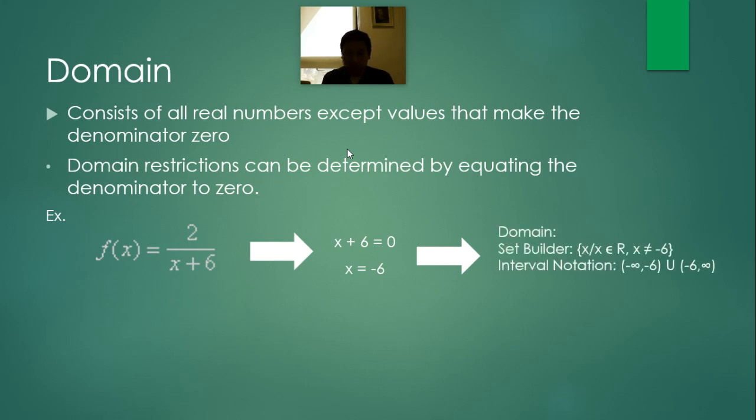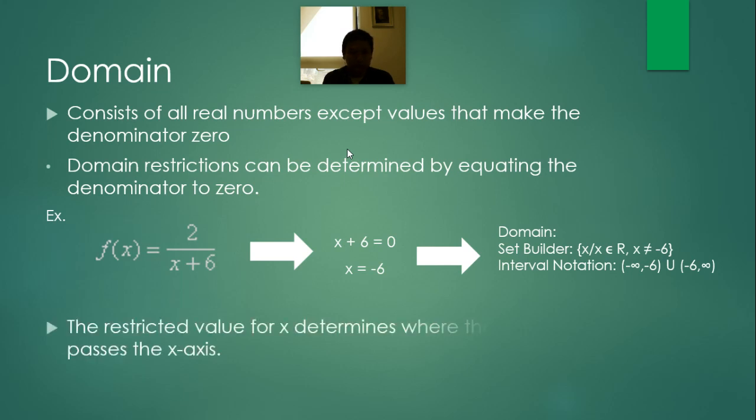Hence, your domain is all real numbers except -6, as you see there in both set builder and interval notation. This brings us the vertical asymptotes, as we call it. Later on, you'll see how we visualize the vertical asymptote and how it's going to affect the rational function's graph.